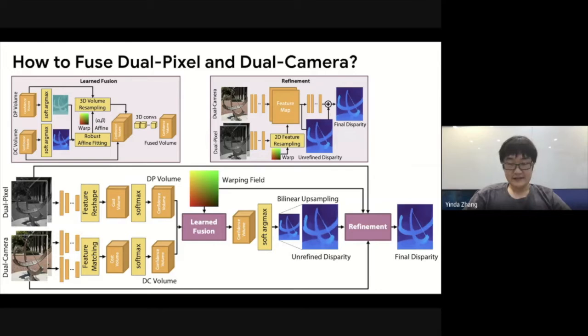Also, as a quite standard step, we use both the dual camera and dual pixel image to refine the low resolution disparity in order to recover some high resolution details in the depth map.